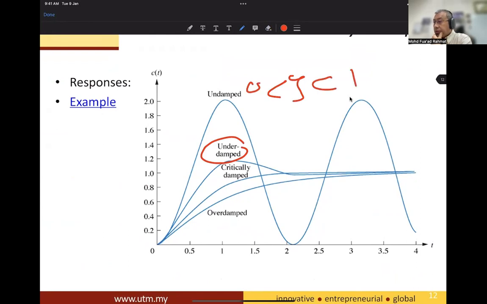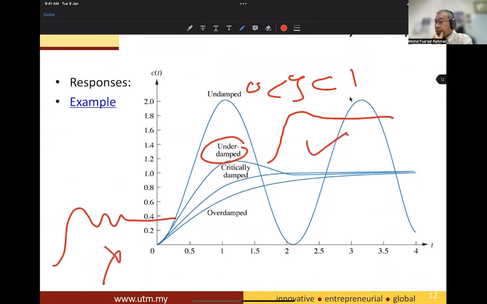So it can give you the best response, it goes up and it goes down like that. We don't want this one, not a good response. This one is the best response. This one, the overdamped, is quite slow. You can see that critically damped is also slow. So we don't want a response like that.